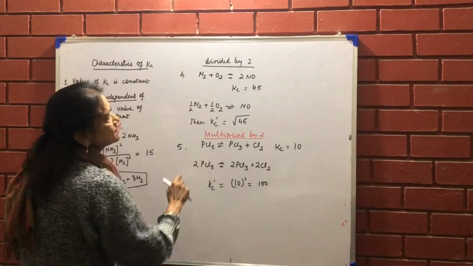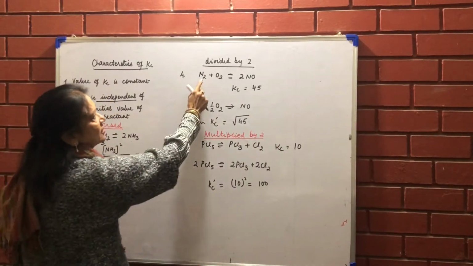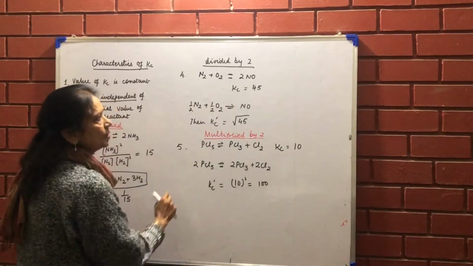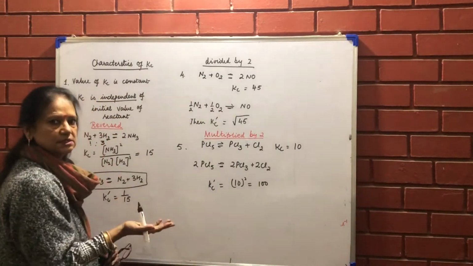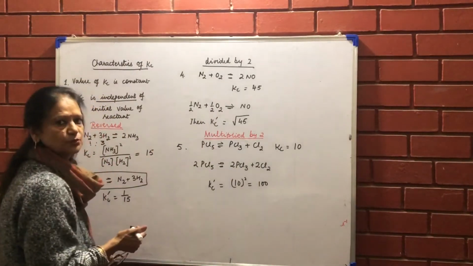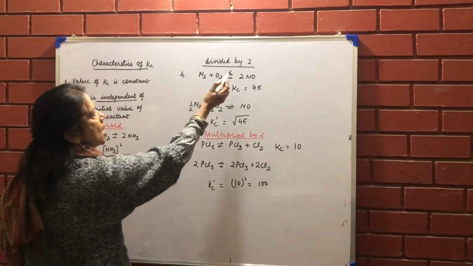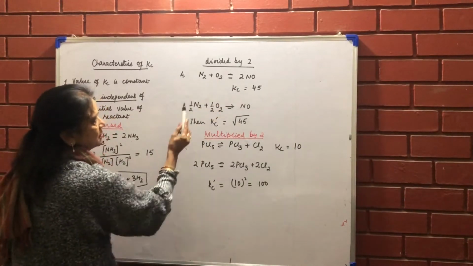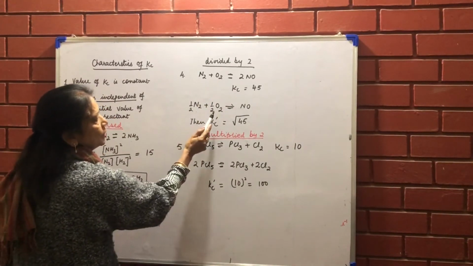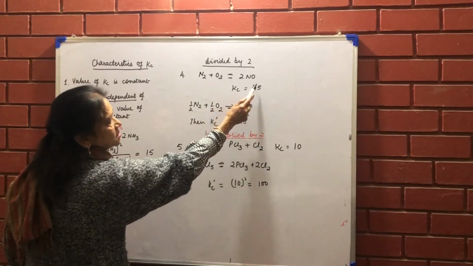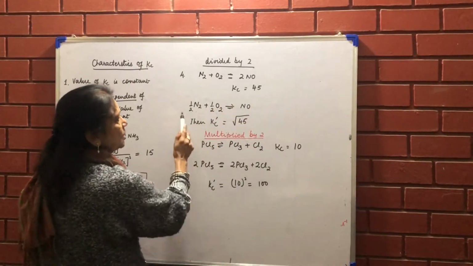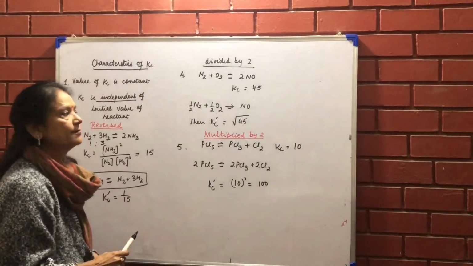If the reaction is divided by 2, I have written N2 plus O2 gives 2NO, and the value of Kc is 45, suppose it has come as 45. Now I'm dividing the entire equation by 2, so it becomes half N2, half O2, this becomes 1 NO, so this is the reaction that I have divided by 2.